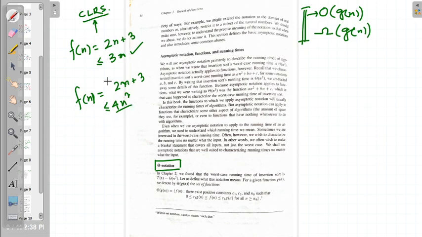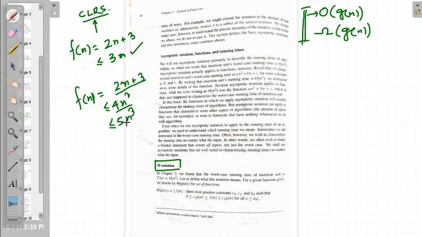That is also true by definition. If somebody says 5n cube, that is also true.